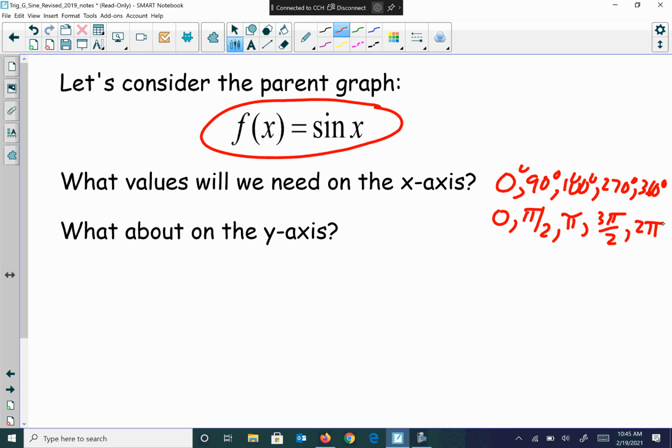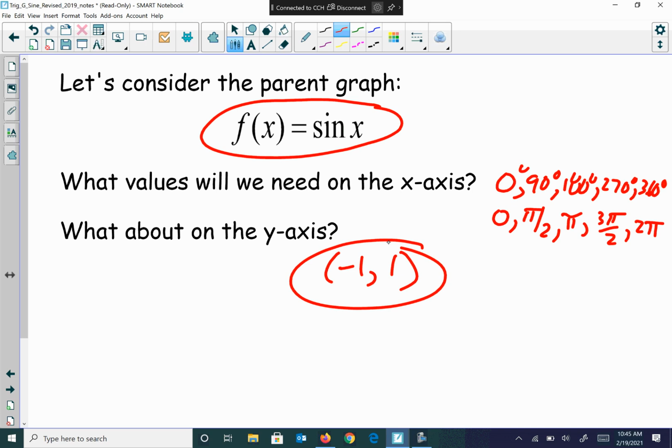If you are doing one of these problems using a calculator, if you have pi as any part of the problem, that means you've got to be in radians. So you have to change your mode. If you have degrees, then make sure it's in degrees. Does that make sense? Okay, so the y-axis, you're going to go between -1 and +1. That's what we're going to deal with.